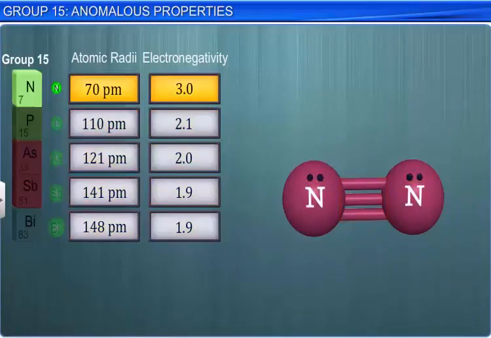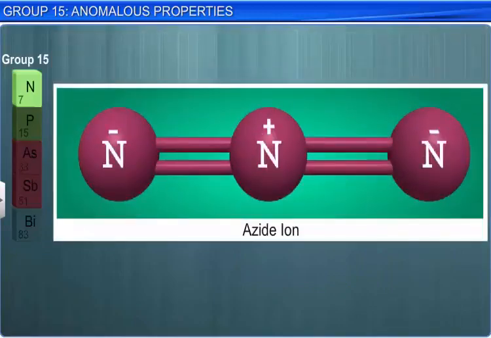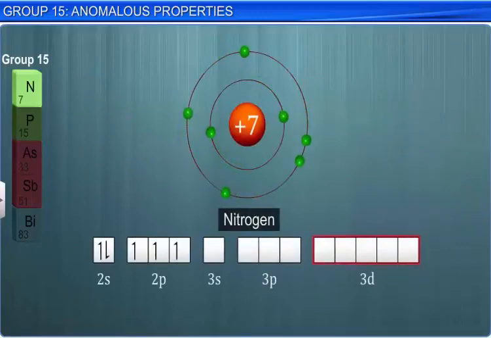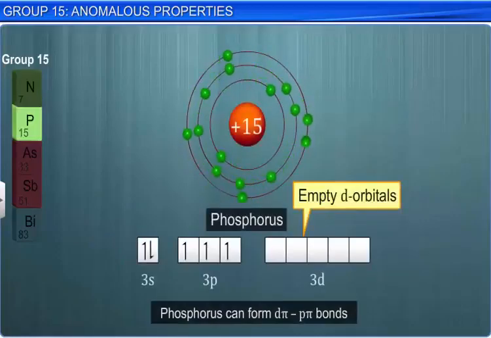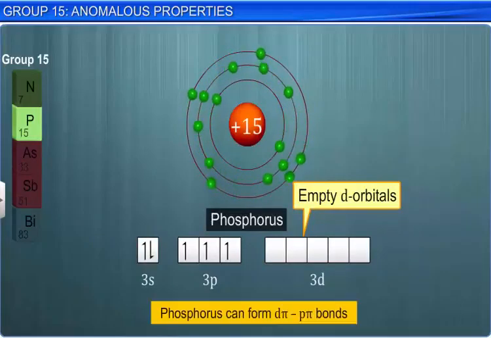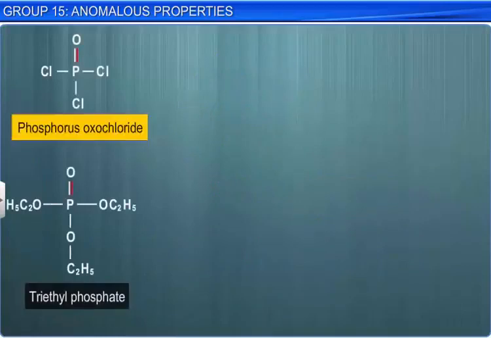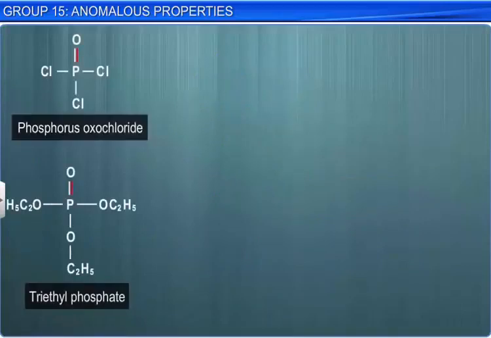The maximum length of the chain observed for nitrogen is 3 in azide ion. Nitrogen doesn't form d-pi, p-pi bonds due to the absence of d orbitals. By contrast, heavier elements like phosphorus can form d-pi, p-pi bonds as seen in phosphorus oxochloride and triethyl phosphate as shown here.